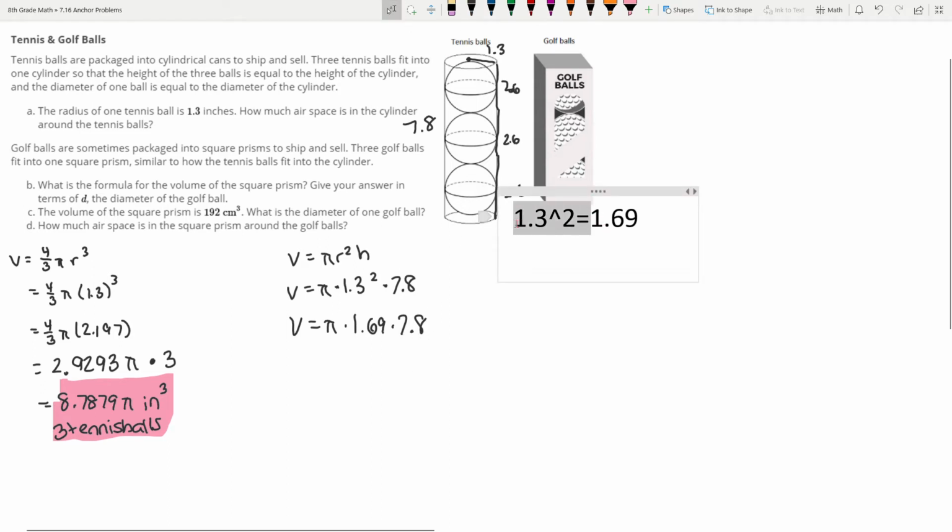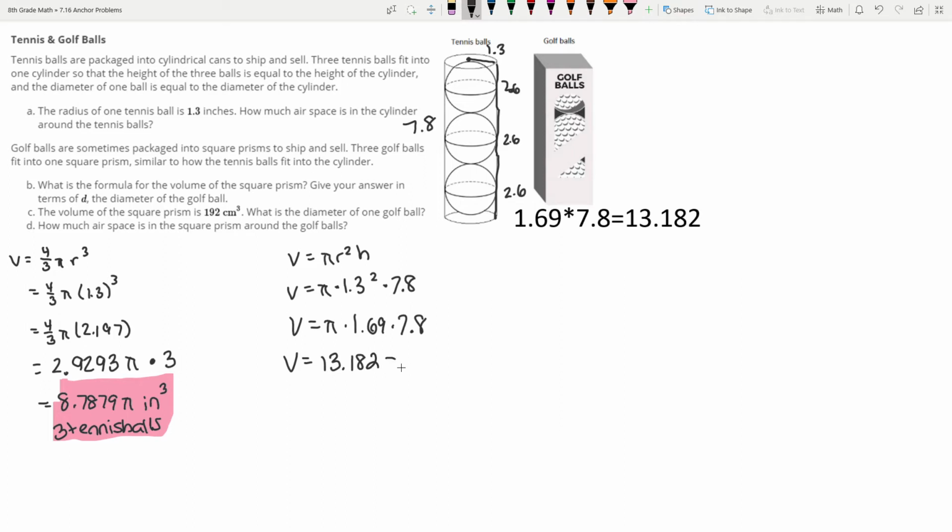And so 1 69/100 times 7 8/10 is equal to 13 182 thousandths. So 13 182 thousandths pi cubic inches is the volume of the cylinder. So the cylinder can is right there.